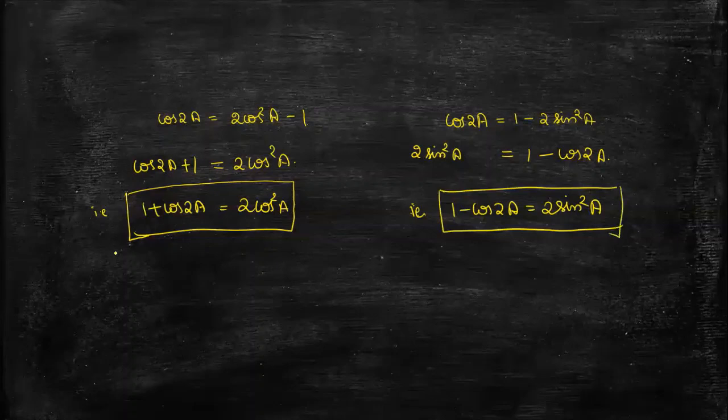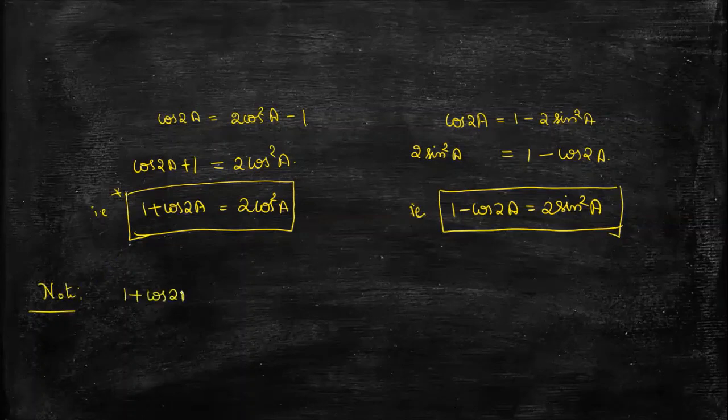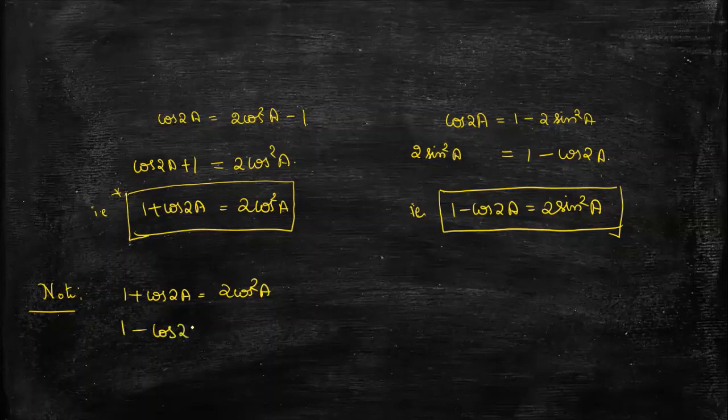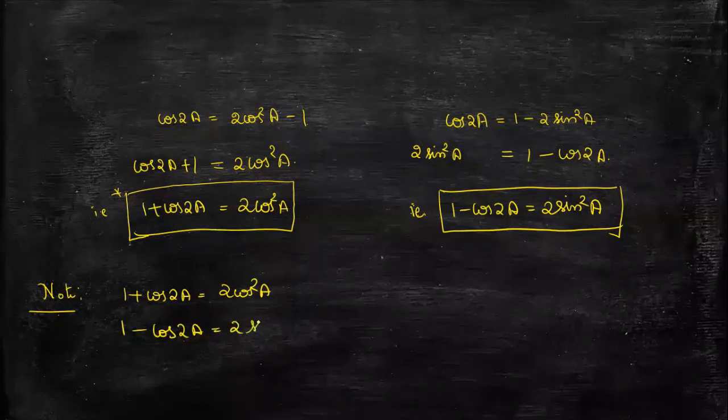So these formulas also you should write down in your book along with the previous formulas we have written. So we have proved 1 plus cos 2A is equal to 2 cos square A. Then 1 minus cos 2A is equal to 2 sin square A. If I write the same using theta, 1 plus cos 2 theta is equal to 2 cos square theta.